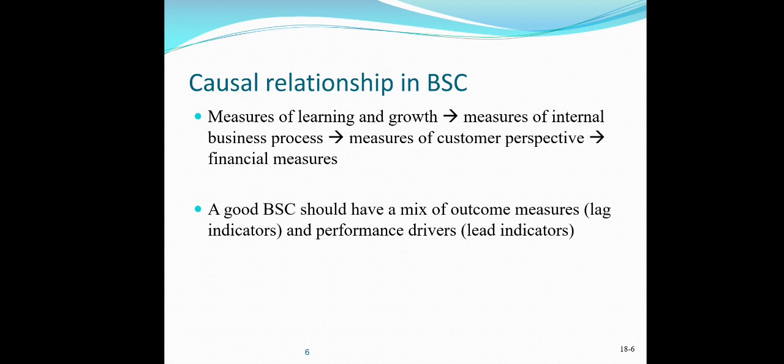When the production process is good, it will produce good quality and cause high customer satisfaction. When customers are happy and satisfied, the business can sell more and make good profit.